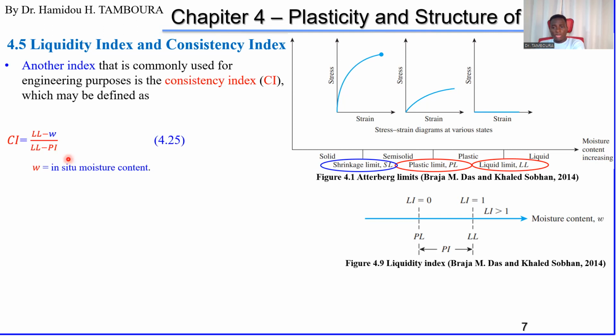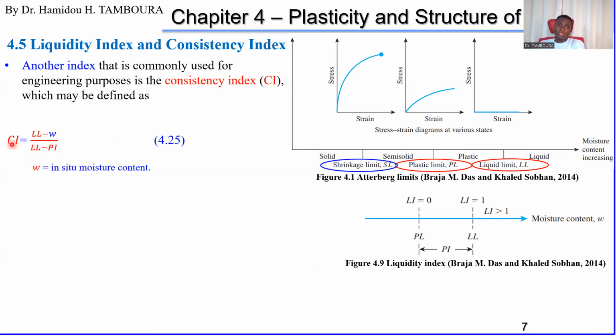Do you remember what the plasticity index is? It is liquid limit minus plastic limit. I think we have talked about this in the previous videos. Please go and check.